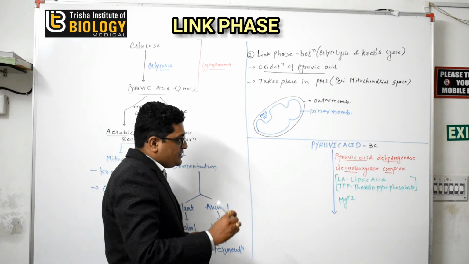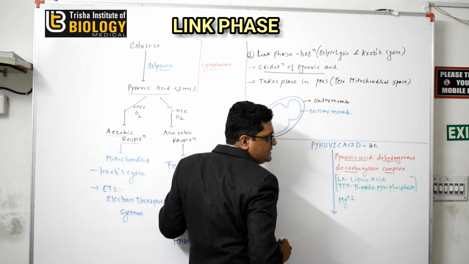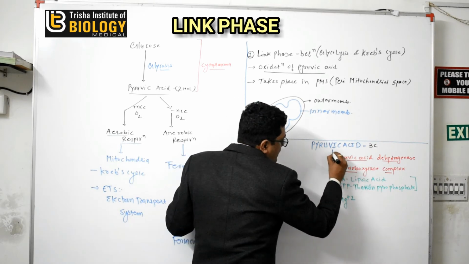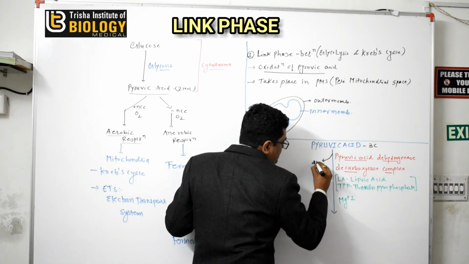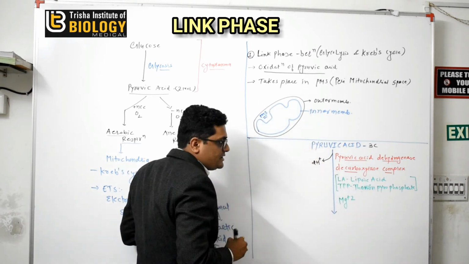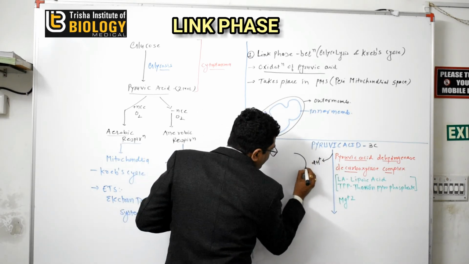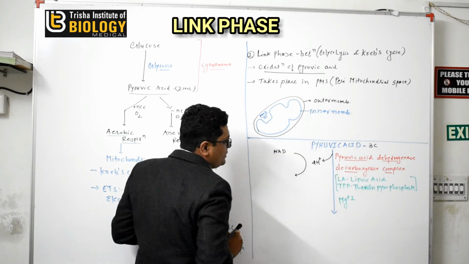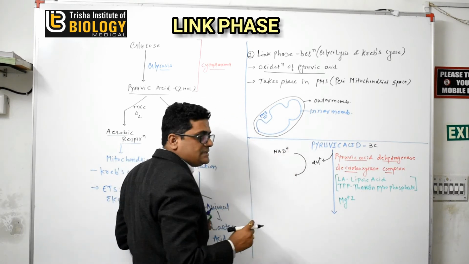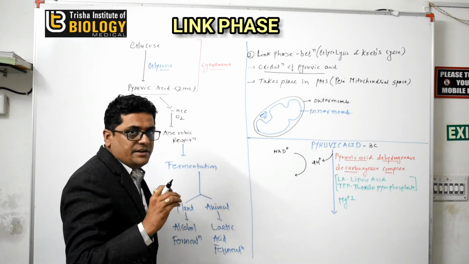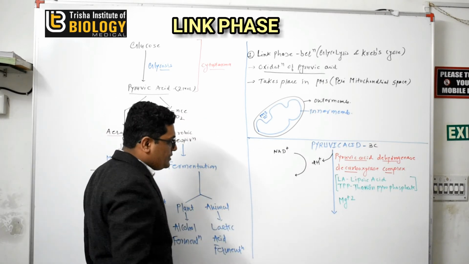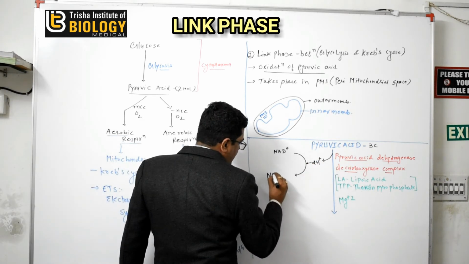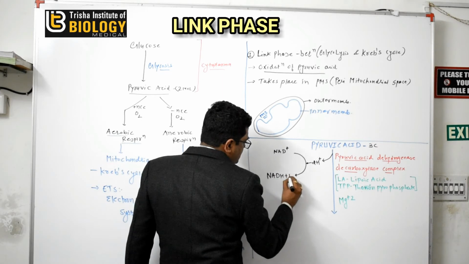And during this reaction, dehydrogenase removes hydrogen, meaning 2H plus is removed, and this 2H plus is accepted by NAD plus, the hydrogen acceptor, nicotinamide adenine dinucleotide, and it forms NADH plus H plus.